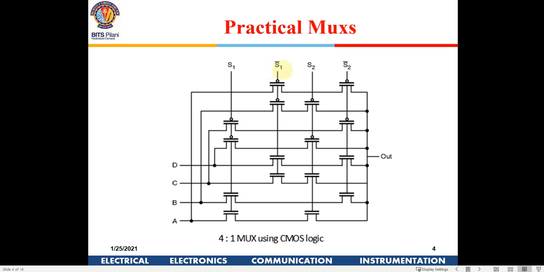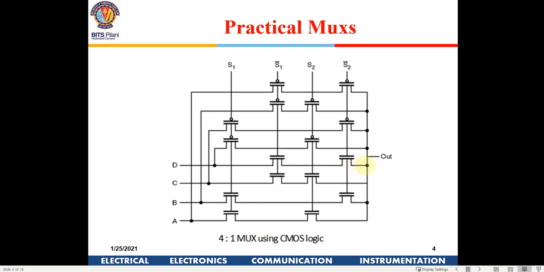So S1 bar, if S1 and S2 are 0, if you see this is the S1 bar signal, this transistor will be on, and S2 bar, these two NMOS transistors will be on, so you will have D coming out from here. Okay, these are the NMOS transistors. So these are just acting like a switch.